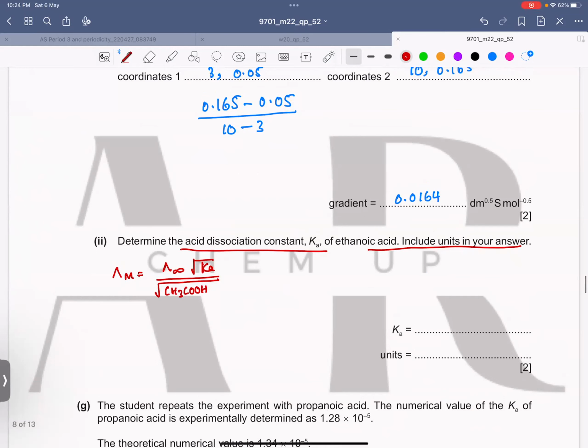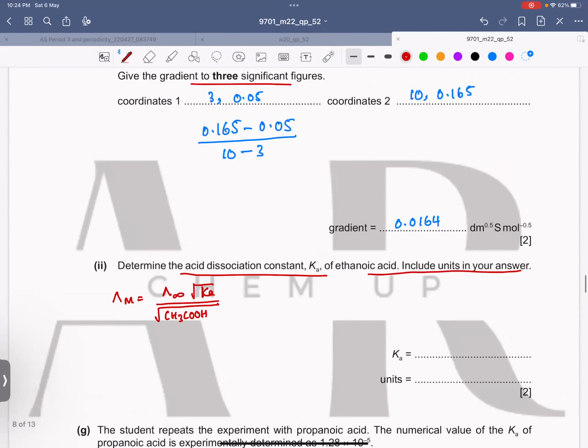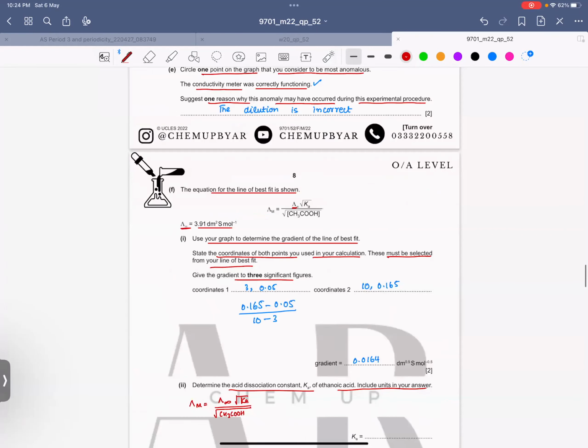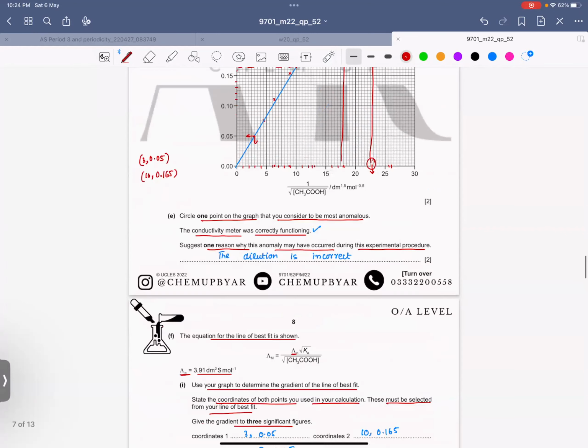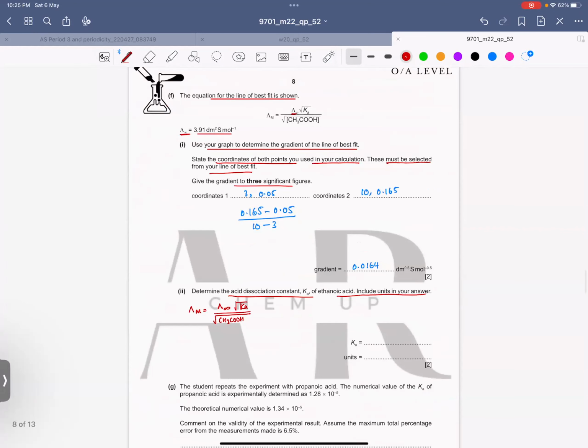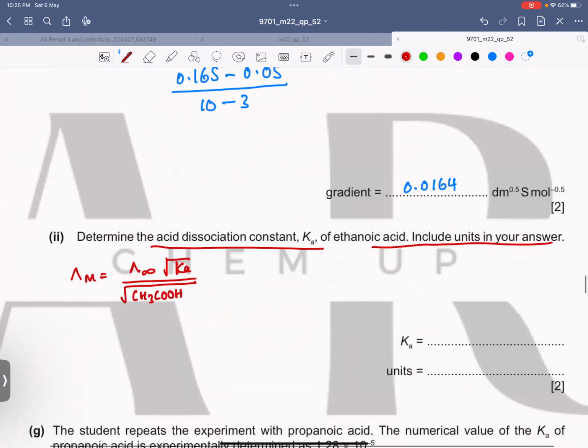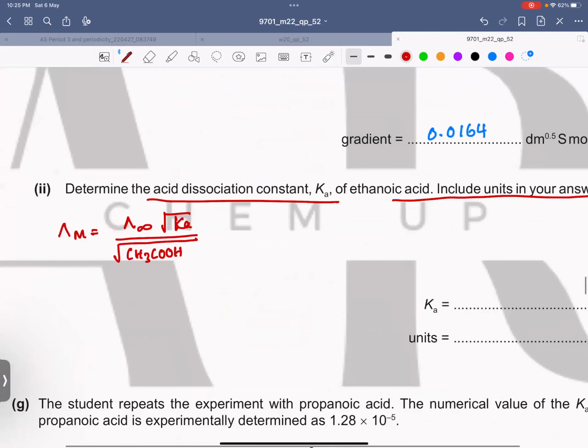I have to find the acid dissociation constant. That is Ka. So what I can do, I can take the square of both sides.